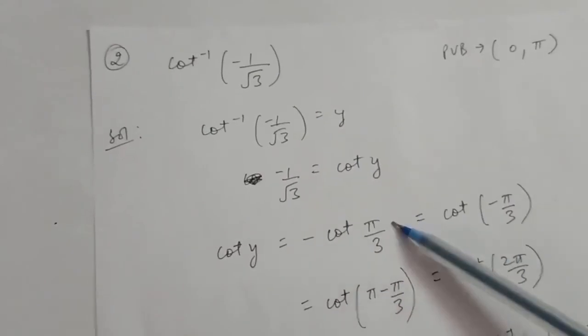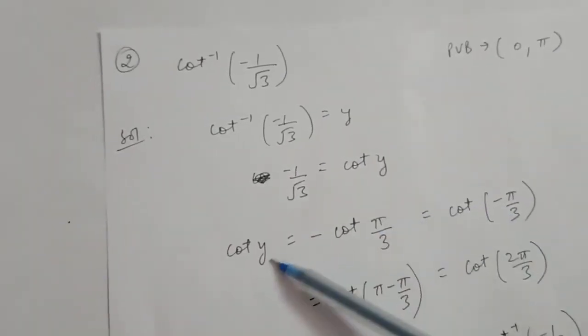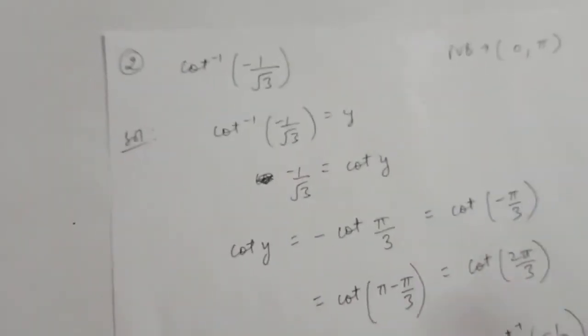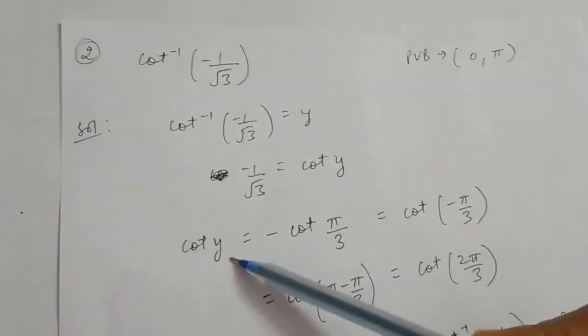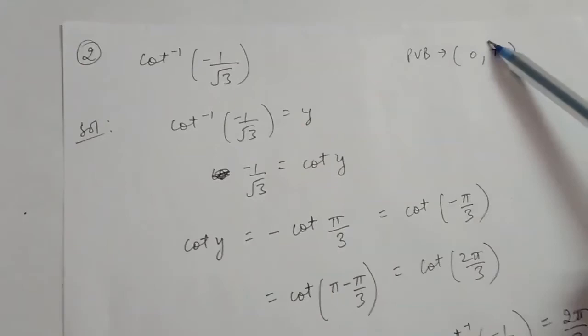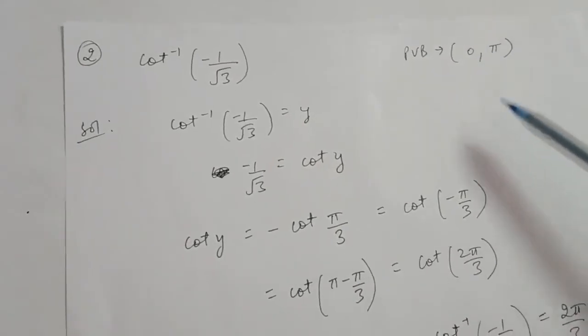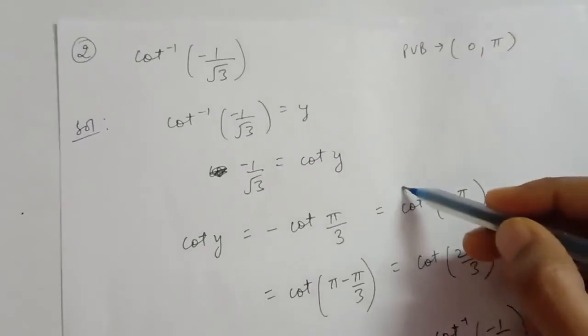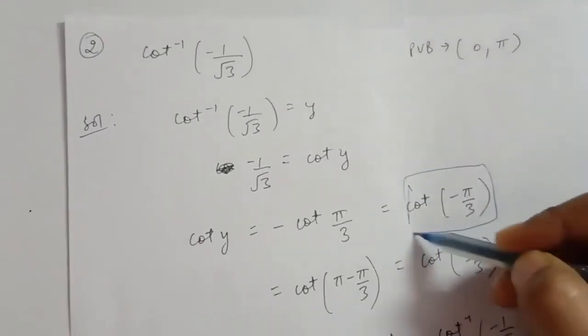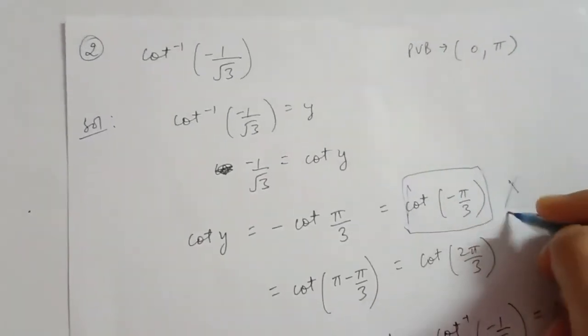But if I write it like this, then my y will be equal to minus pi by 3. But we want this y to lie in the range from 0 to pi. Therefore y cannot be equal to minus pi by 3. Therefore we cannot write it like this.